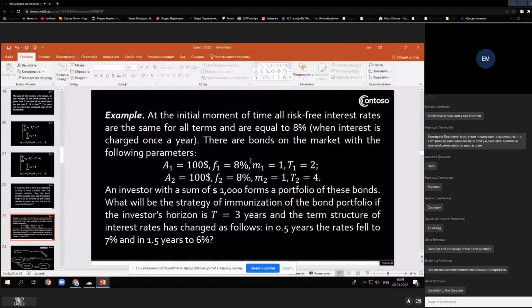You can calculate the duration of the first bond and of the second bond. If you do it, you will get that the duration of the first bond is a bit less than 2, and the duration of the second bond will be a bit less than 4.